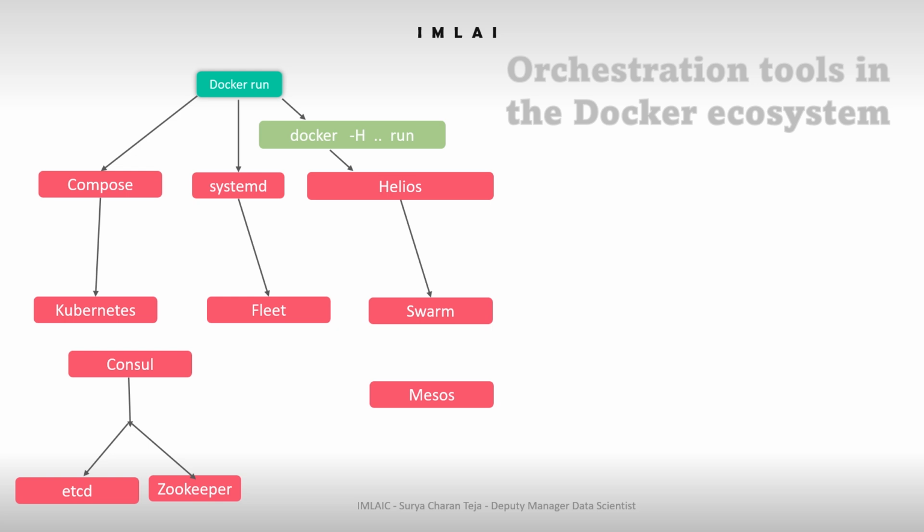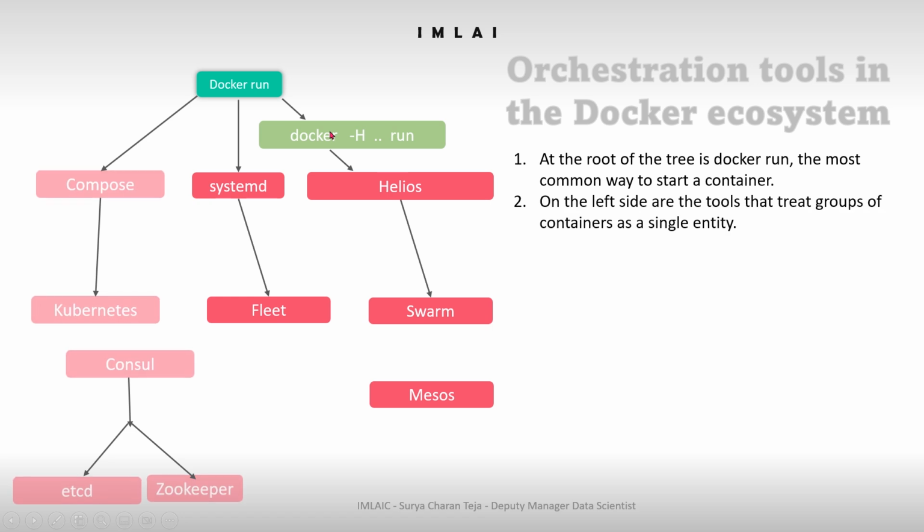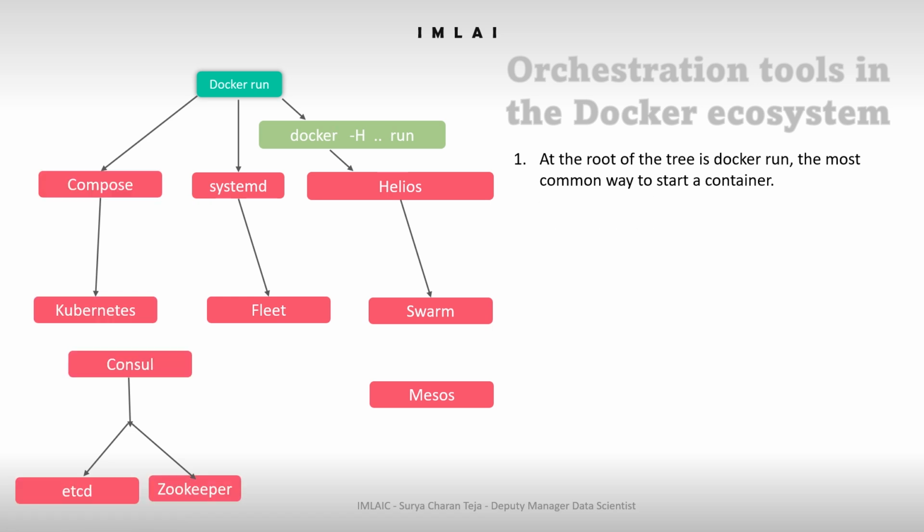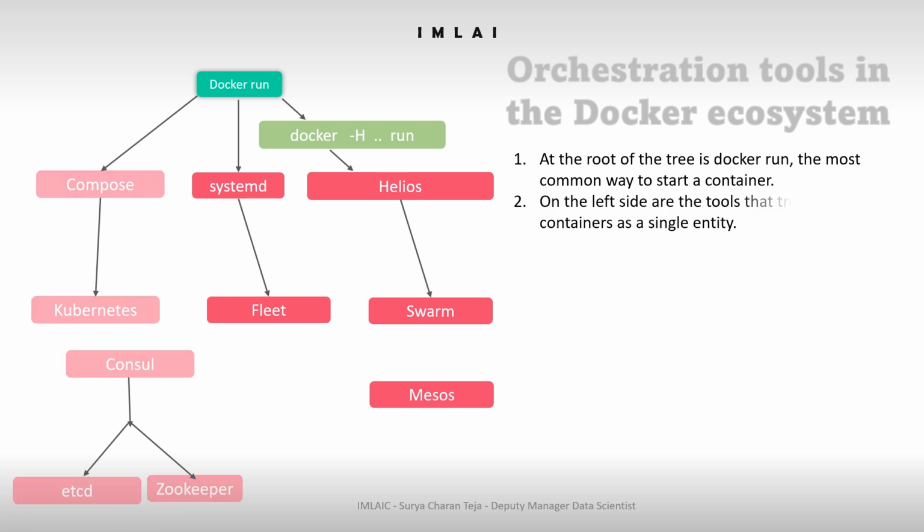So at the root of the tree, we have Docker run, the most common way to start a container. Okay, that's at the root of the tree. Then on the left side are the tools that treat groups of containers as a single entity.